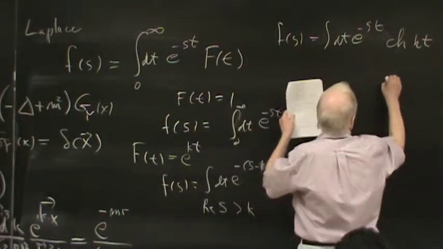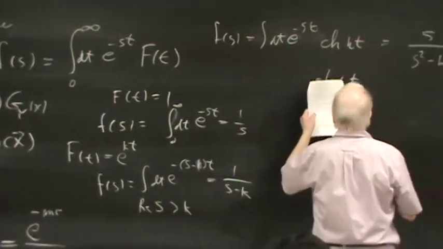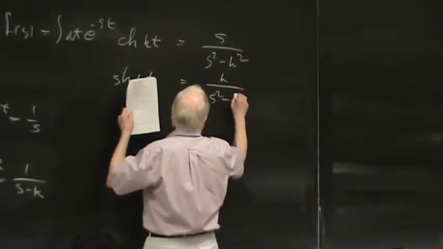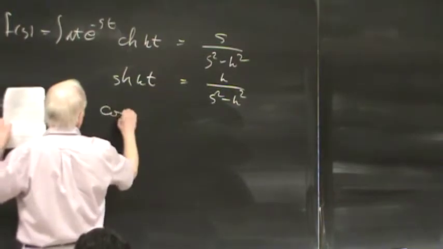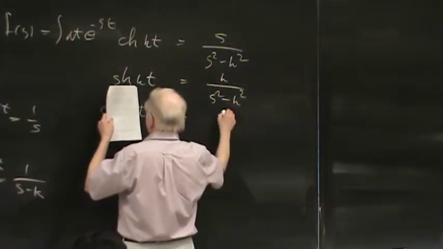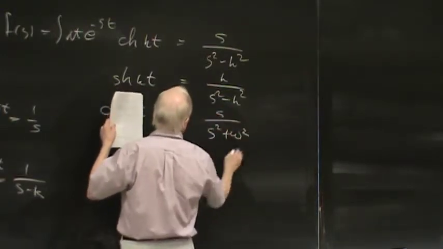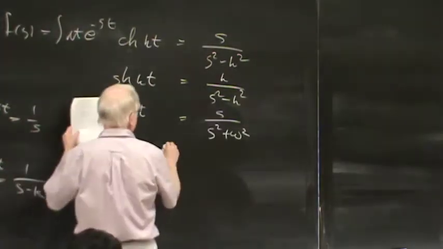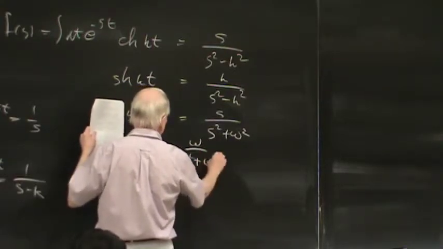If instead we do the sinh of kt, we get k over s squared minus k squared. If we have instead cos omega t, cosine, we get s over s squared plus omega squared, and if we have sine omega t, we get omega over s squared plus omega squared.